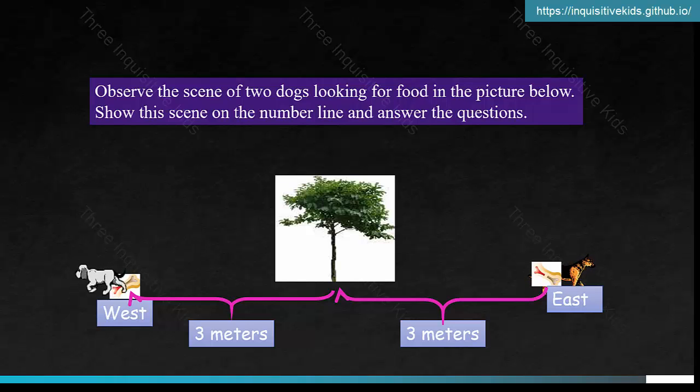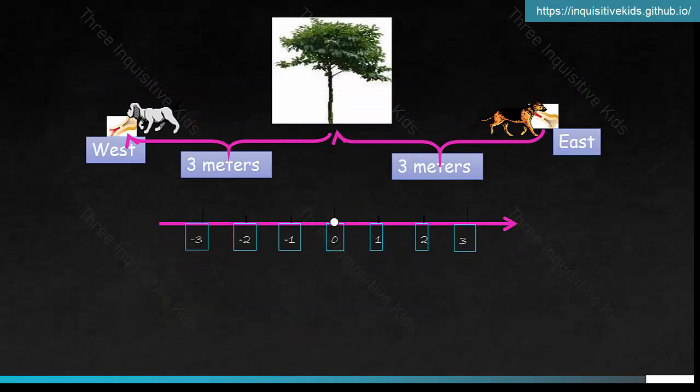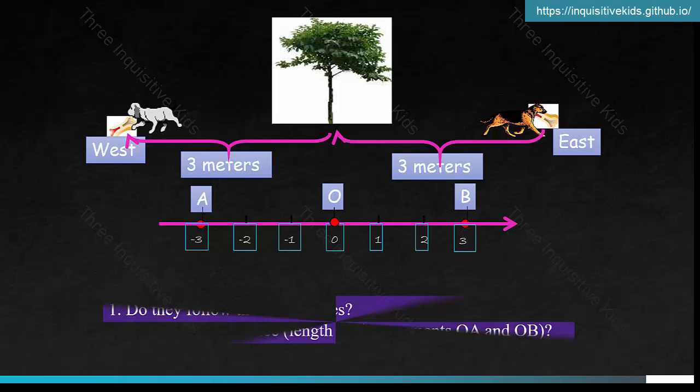Now we have to plot this picture on the number line. The tree we can put at 0, and the white dog would be at negative 3, which is point A, and the yellow dog would be at positive 3, point B.